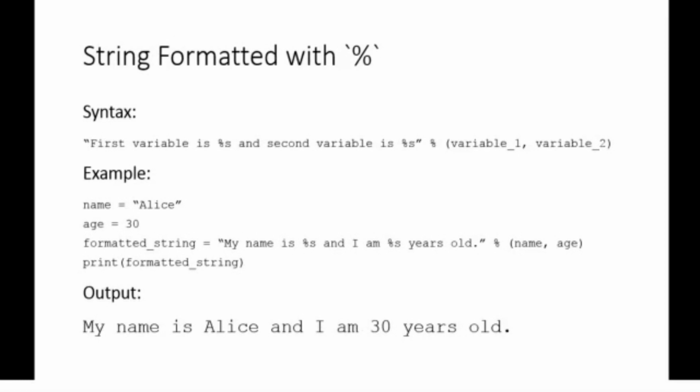Using the % operator for string formatting is an older method, but you may find it handy in some cases. The syntax is as follows, where the first %s serves as a placeholder for variable 1 and the second %s for variable 2.